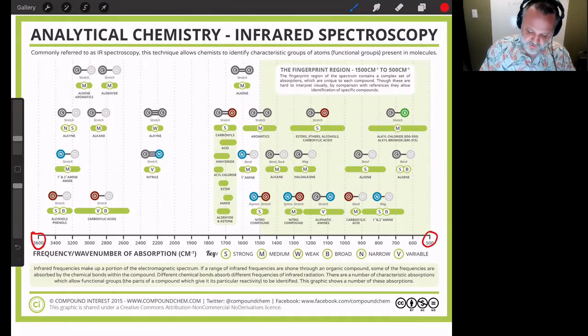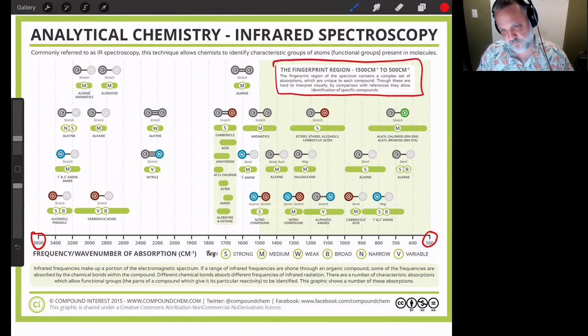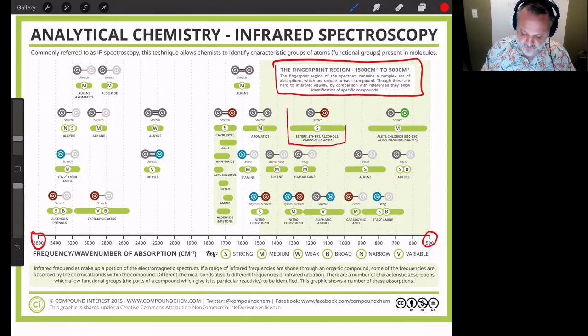So again, remember I said there's this region that isn't particularly good at helping you identify things. And what's the reason for that? Look at all of the different structural motifs that overlap.